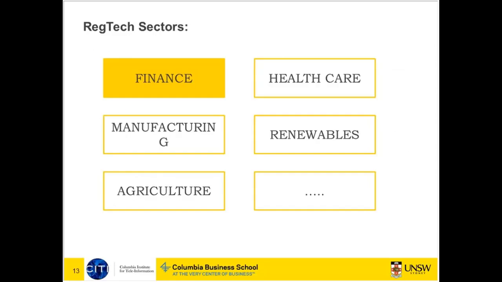So what can Regtech be applied to? I said earlier that we took issue with the FCA's definition, that it only really applies to finance. And certainly in my country, Australia, it's being extensively applied to agriculture. So for instance, one of my favourite examples is oyster farming in the Derwent River near Hobart.